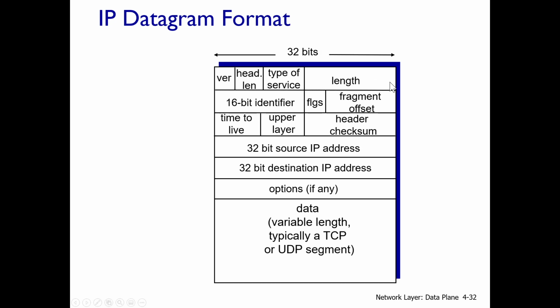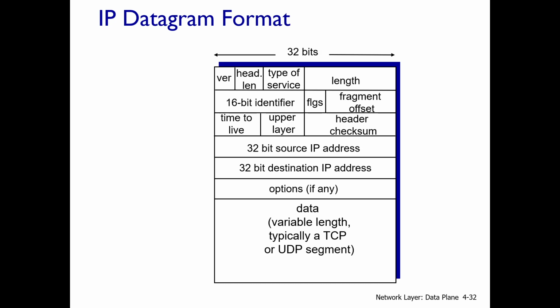We have a length, the datagram length field. It shows the entire datagram, including the data part. Theoretically, because this is 16 bits, any packet in IP protocol can be a maximum of 65,535 bytes.